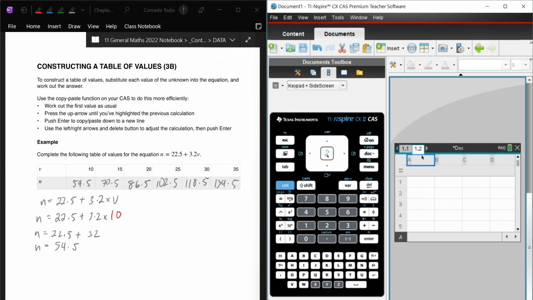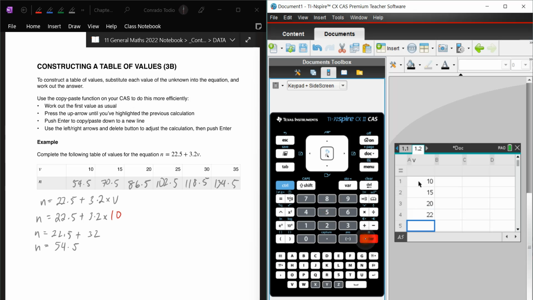So we'll call this V. And the numbers are 10, 15, 20, 25, 30, and 35.